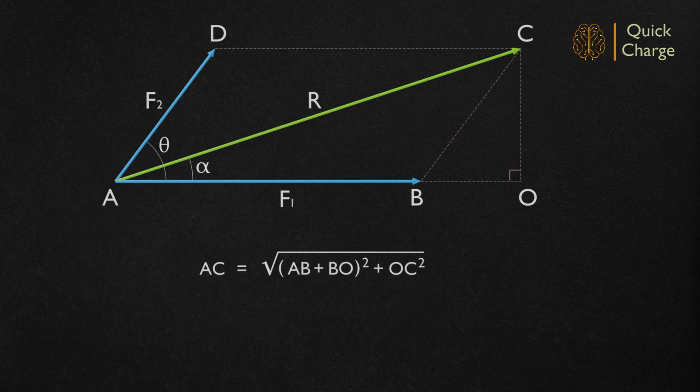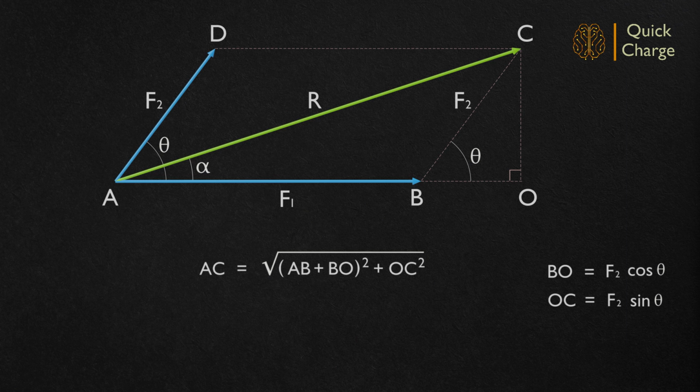AB and AD are the applied forces F1 and F2. From the geometry, BC will also be F2 and angle CBO will be theta. From triangle CBO, BO by BC will be cos theta, so BO becomes F2 cos theta. In a similar way, OC will be F2 sin theta.